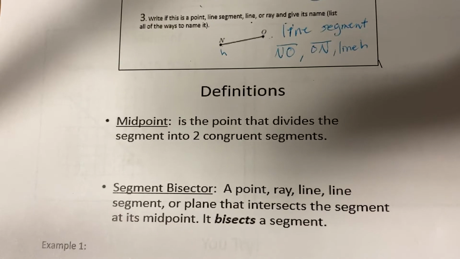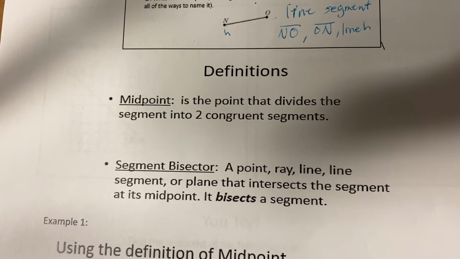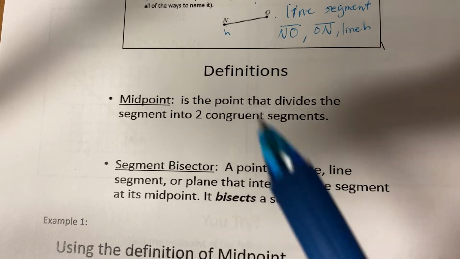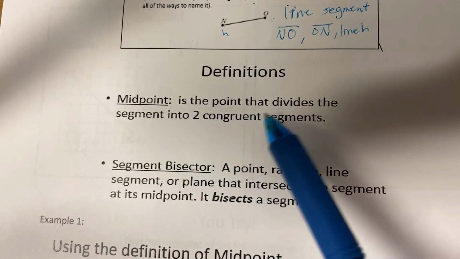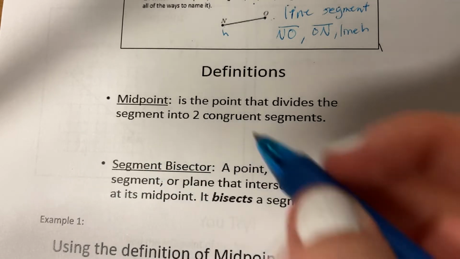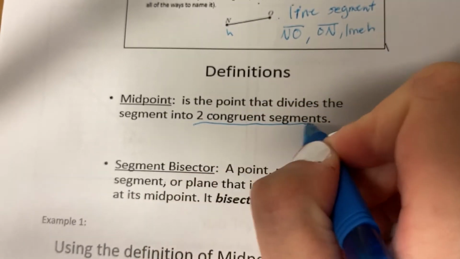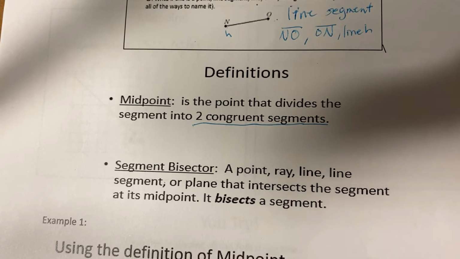All right, so let's go ahead and go into definitions of the midpoint and the segment bisector. Midpoint is the point that divides the segment into two congruent segments. So this is important. If you know something is a midpoint, you can tell a lot of information about the line. You can discover a lot of cool things.